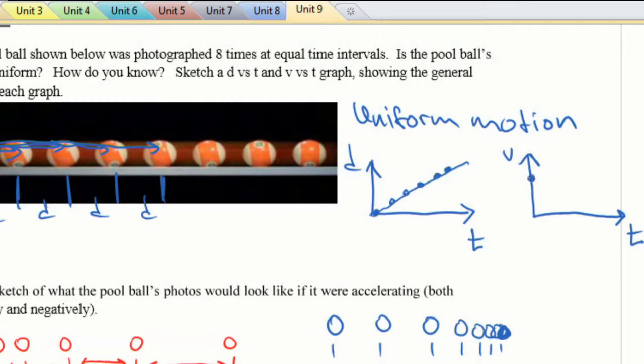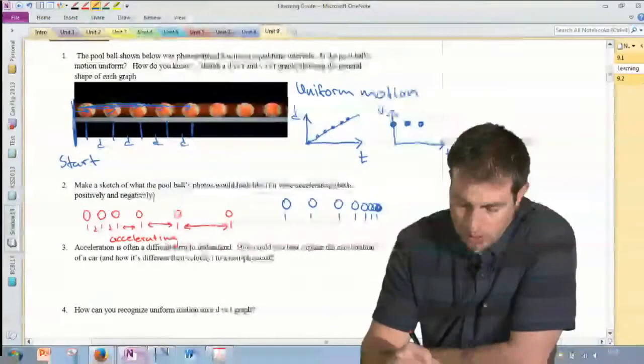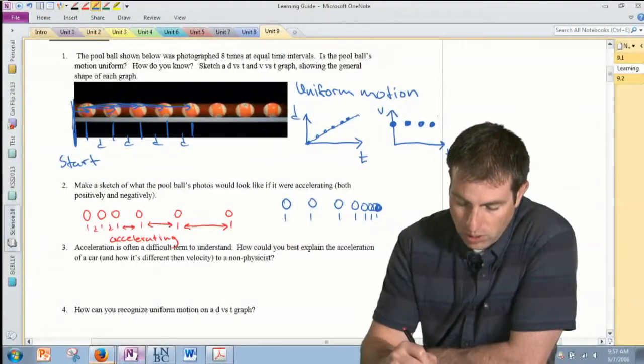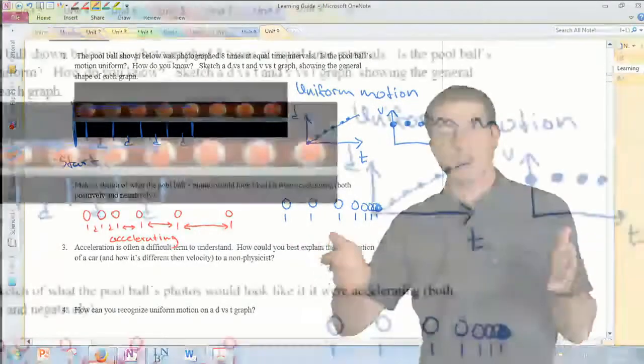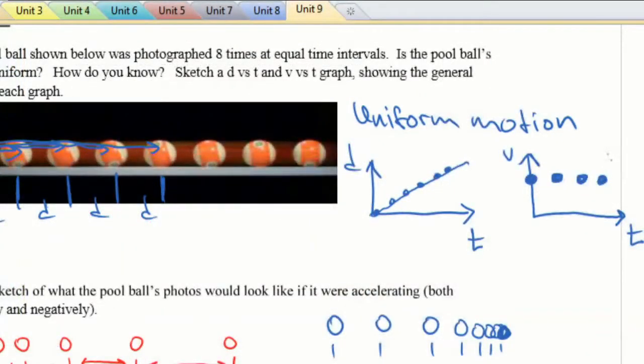So the velocity started at some level, and as time went on, the velocity stayed the same. The ball isn't speeding up. If it were, then the distance between the flashes would be increasing. If the ball were slowing down, the distance between the flashes would decrease. This ball is traveling at a very constant velocity. So that means that as time goes on, the velocity isn't changing.